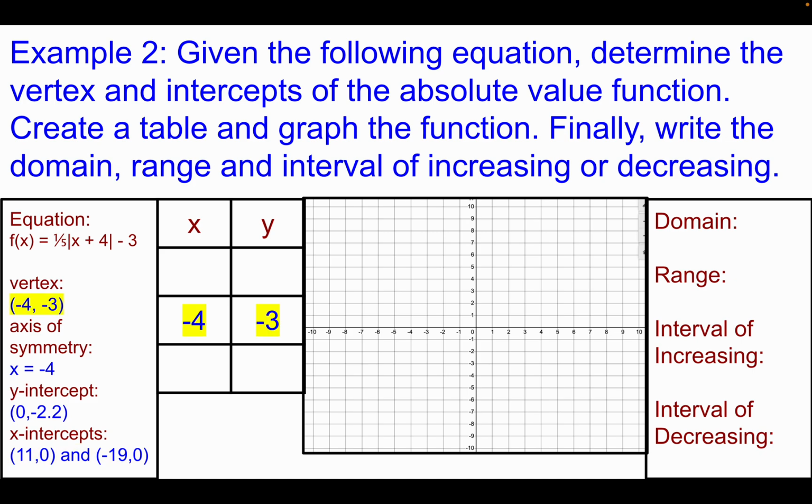Let's put some points in the table. I'm going to start with negative 4, negative 3. And then what I want to do is pick points that will give me whole numbers for my x and y values. So I'm actually going to pick 1, just because I know that's going to work out to be a whole number. I'll show you why in a second.